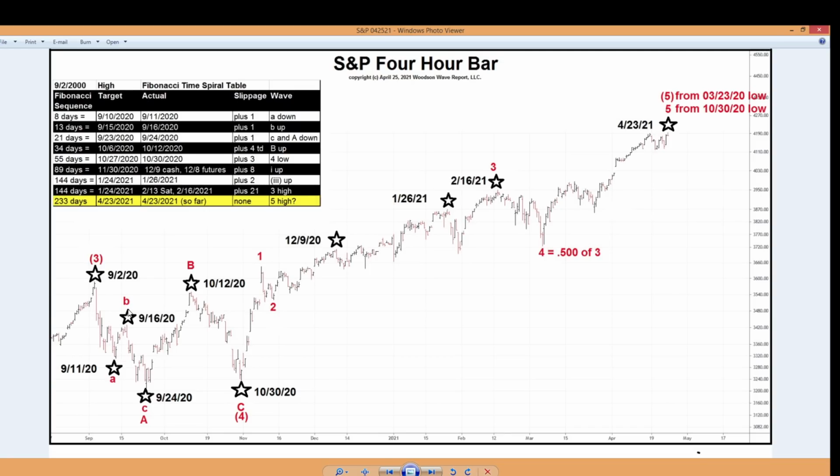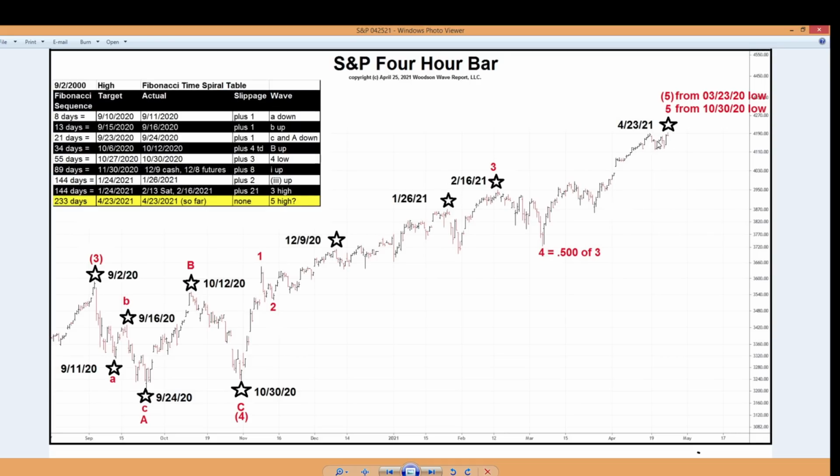We got a low, high, low for A. We got a high for B, a low for C. Again, a Fibonacci 55 days plus a slippage of 3. Since it caught that wave 4 low, it's catching all these peaks. And the next one, as everyone knows, was April 23rd. And while we thought it threw us a little curve and topped a day earlier, it actually zoomed up on Friday the 23rd, as you probably well know, and made a new high.